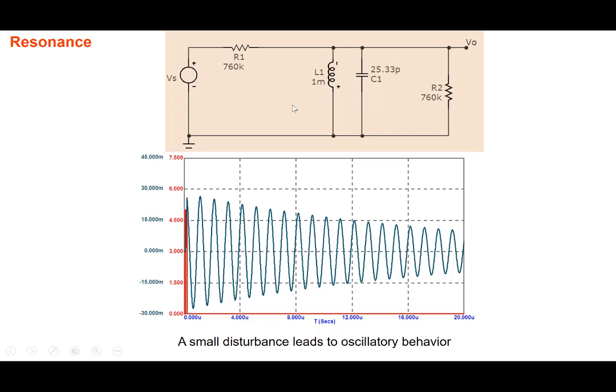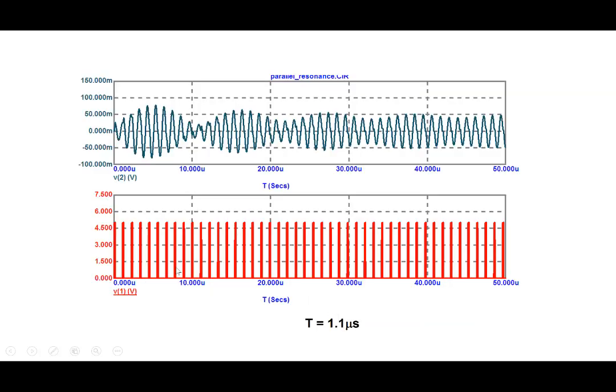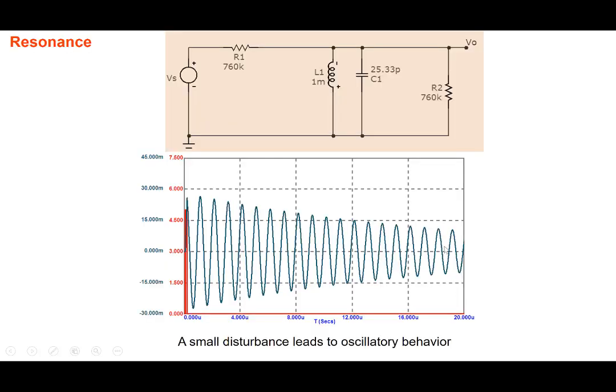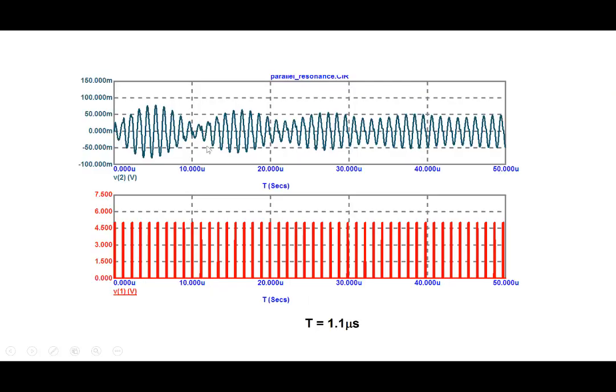Now, the concept of resonance comes into picture. Suppose I apply not just one pulse here, but a train of pulses, right? In the previous case, the oscillations were dying down. Now we are applying a train of pulses, so we are expecting the system to remain in an oscillatory state.